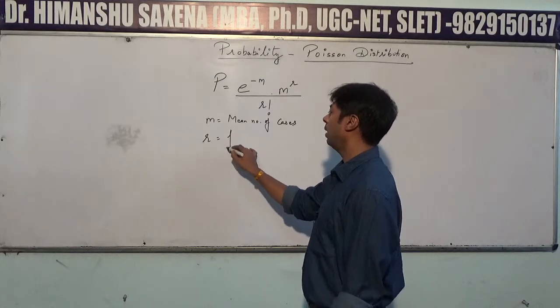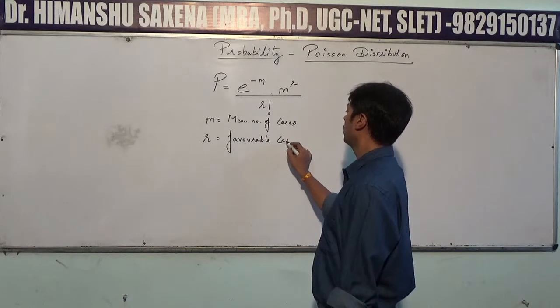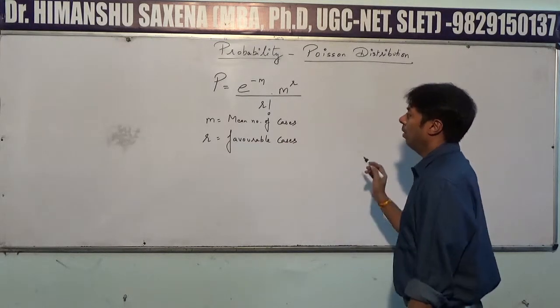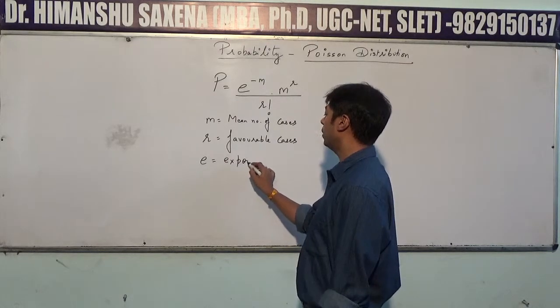r stands for favorable cases, while e stands for exponential constant.